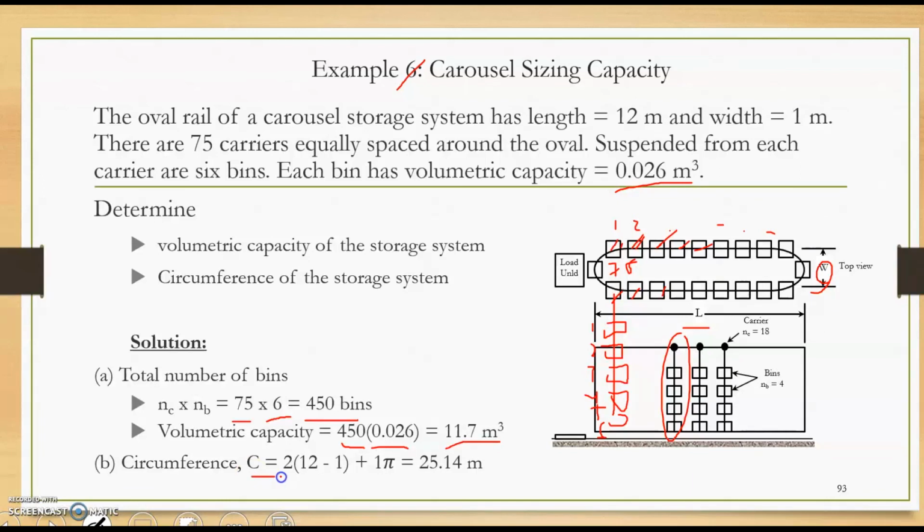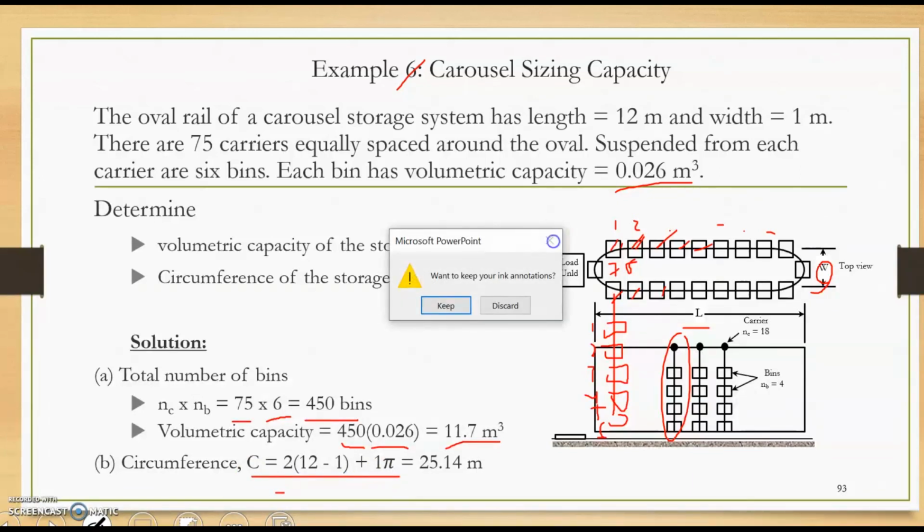This is the formula: C equals 2 times (L minus W) plus W times pi. L is 12 minus W of 1 meter, times 2, plus W pi, where W is 1, pi, which equals 25.14 meters.